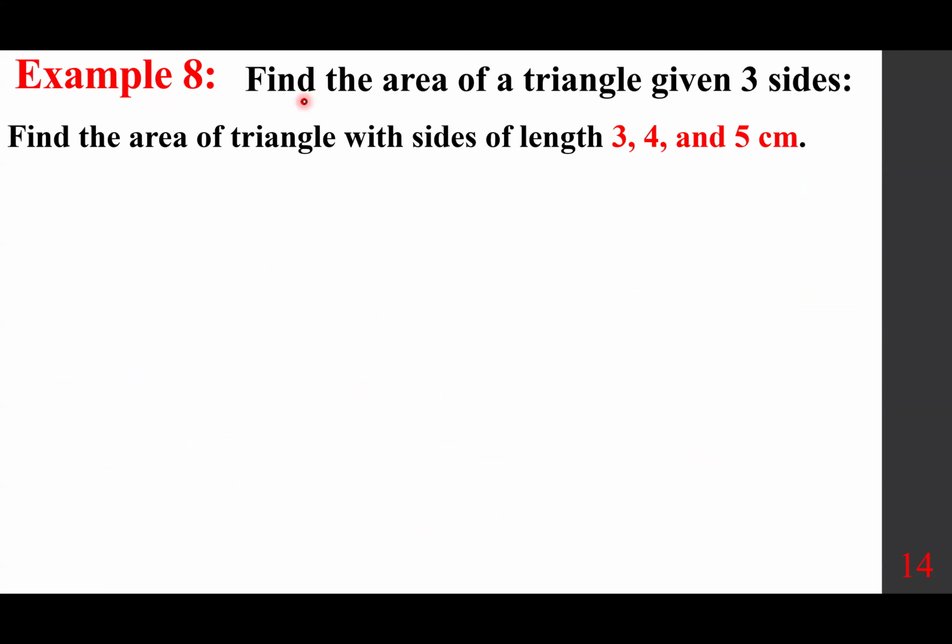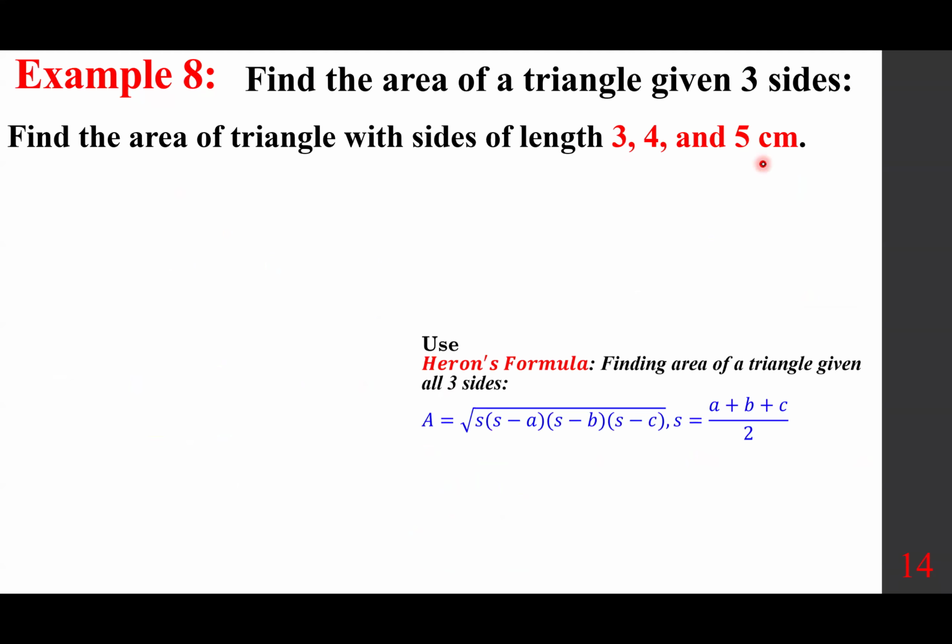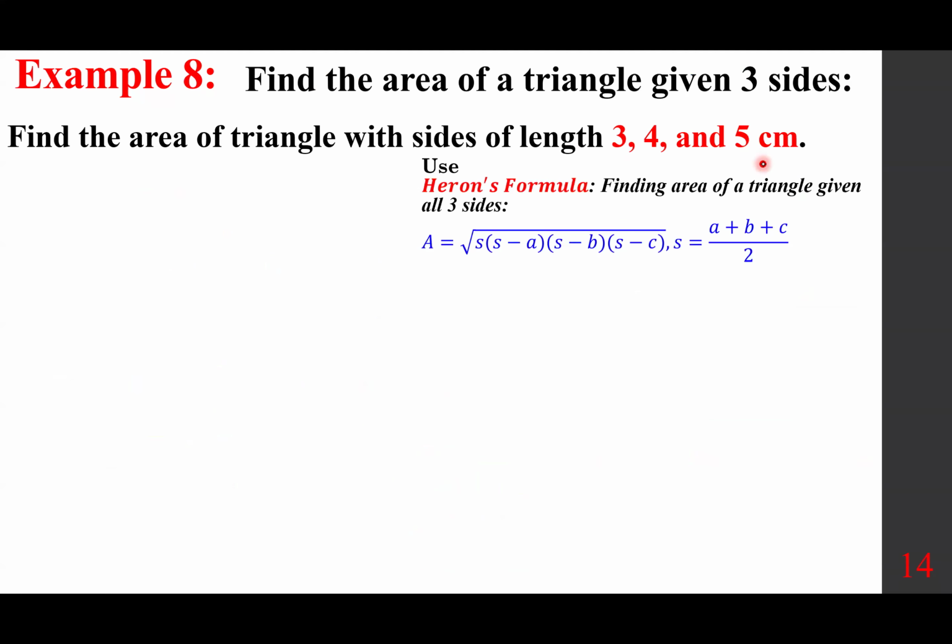Find the area of a triangle given three sides. How do we do that? Find the area of a triangle with the sides 3, 4, and 5. Well, we use Heron's formula. Finding the area of a triangle given all three sides, the formula is the area equals the square root of s times s minus a times s minus b times s minus c, where s is a plus b plus c divided by 2.